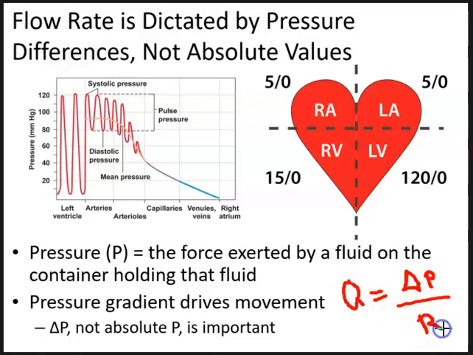By this formula we can see that flow is directly proportional to the pressure gradient. So an increase in the pressure gradient causes an increase in flow, whereas it is inversely proportional to resistance. If you have an increase in resistance, you have a decrease in flow.